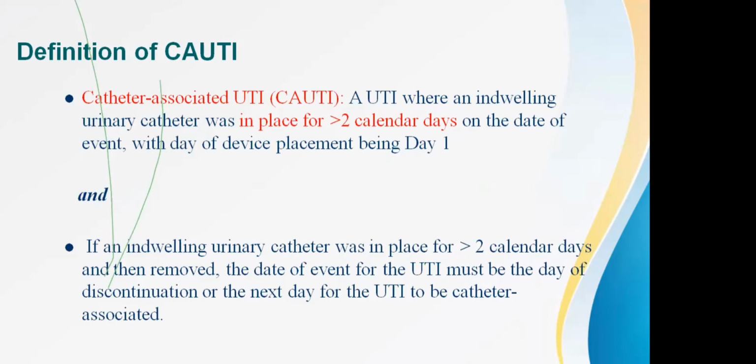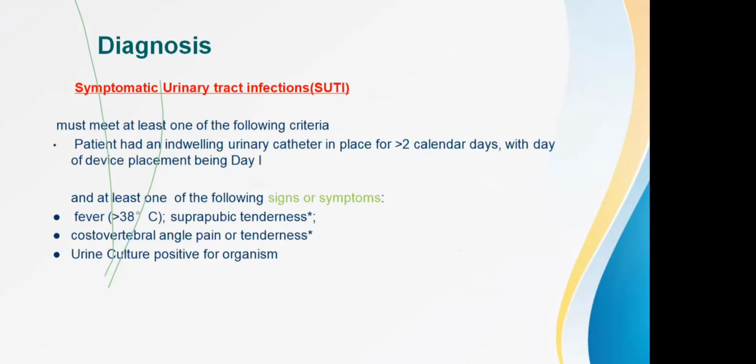There is another term, SUTI, that is symptomatic urinary tract infection, and the other is ABUTI, asymptomatic bacteremic urinary tract infection. Talking about SUTI first, as the word itself defines, it needs to meet criteria.